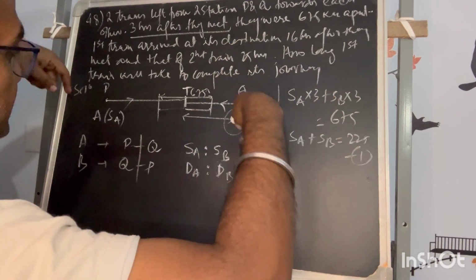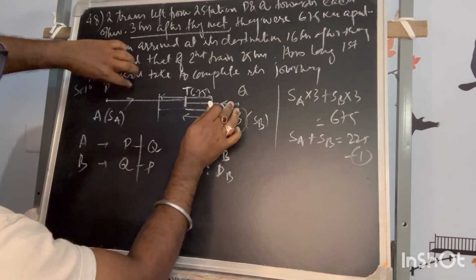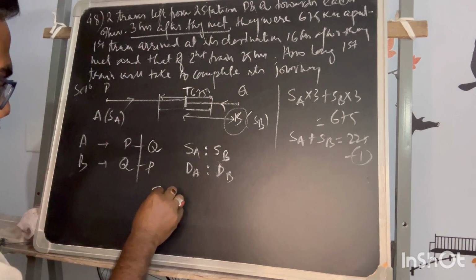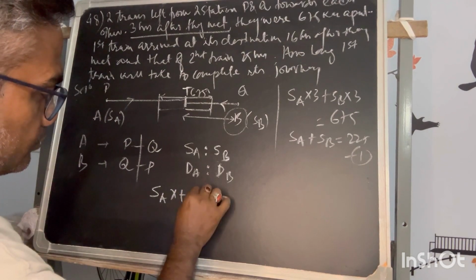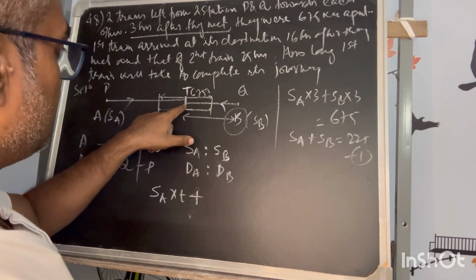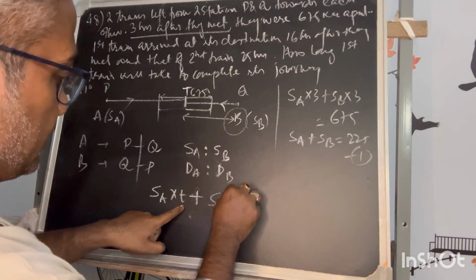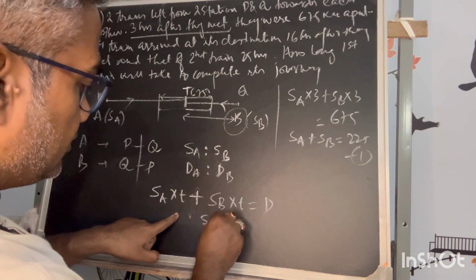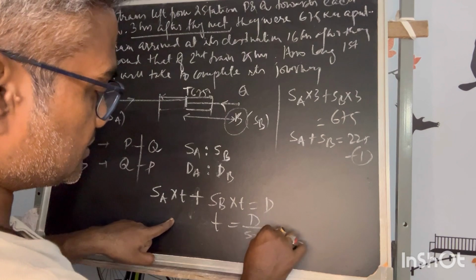If I consider the distance they covered before they met, the total distance is contributed by both of them. At time T they meet, so SA into T plus SB into T is equal to the total distance D. So T is equal to D by SA plus SB.